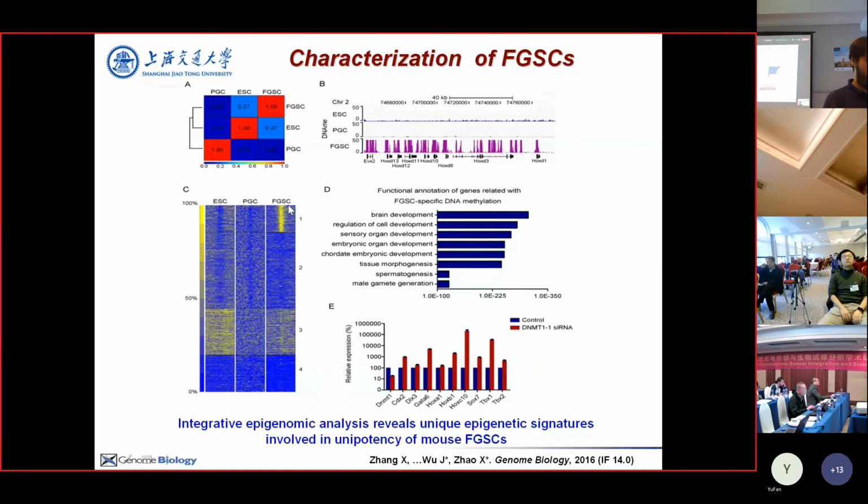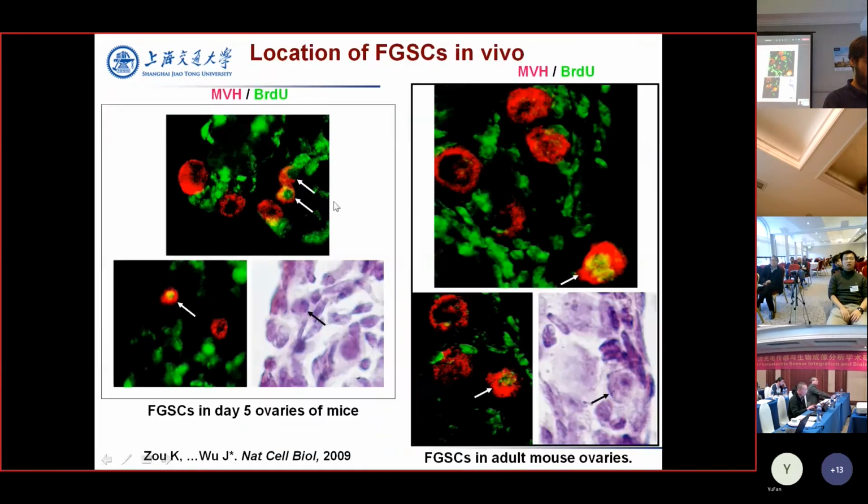This is special for the FGSC characteristic. Then, regarding the location of the FGSC in vivo, the FGSC are located close to the surface of the cortex of the ovary. This is day 5. This is the adult, the adult mouse ovary.